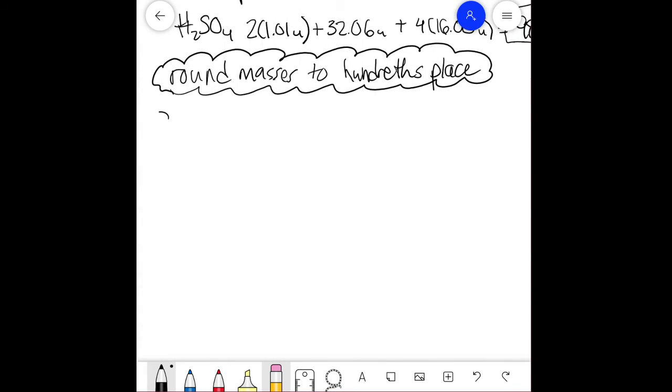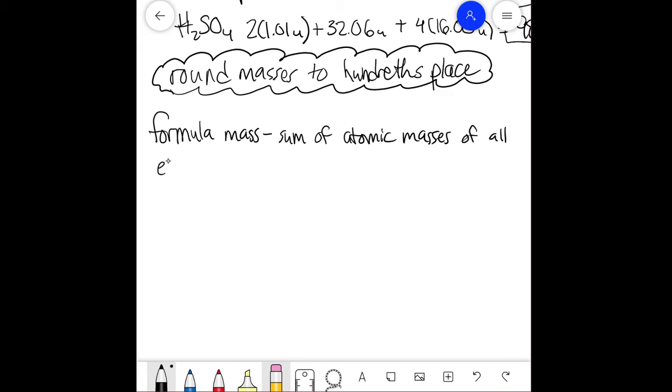So formula mass is basically the exact same thing. It is the sum of the atomic masses of all elements in an ionic compound.